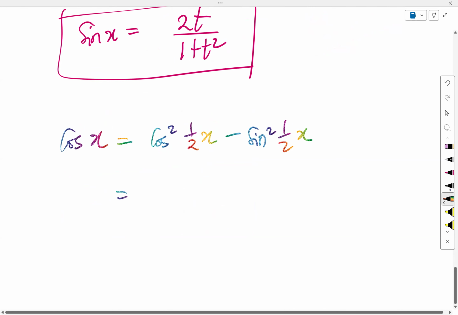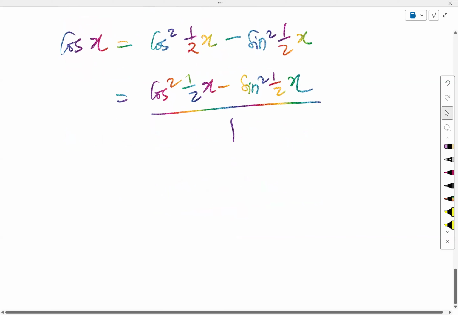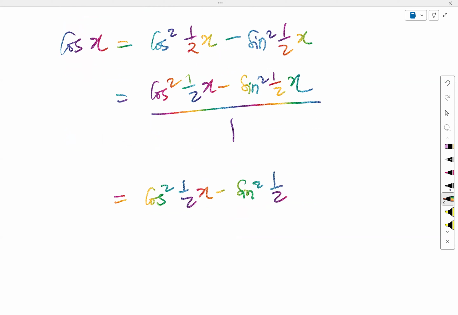To maintain this, divide by 1. But we already know 1 can be expressed the other way. So we have cos squared half x minus sine squared half x divided by cos squared half x plus sine squared half x.